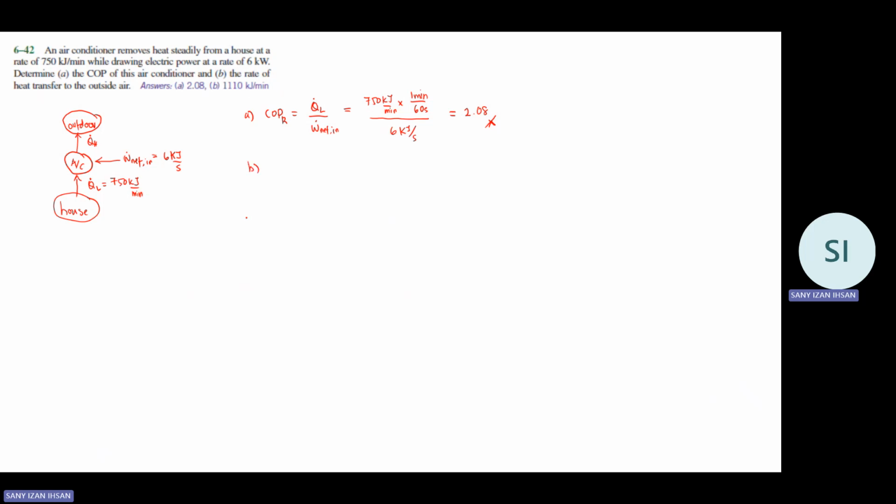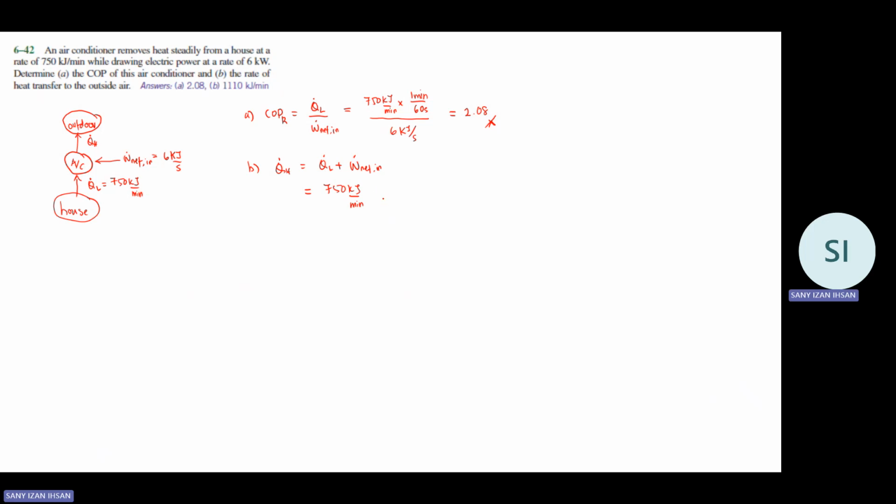B, the rate of heat transfer to the outside air. Then again, you can use the energy balance relation. You can see that 2 is going into the system, 1 is going out. So the energy balance, you can say that QH dot is nothing but QL dot plus W net in dot. Okay, and we know all of them. So basically 750 kilojoule per minute.